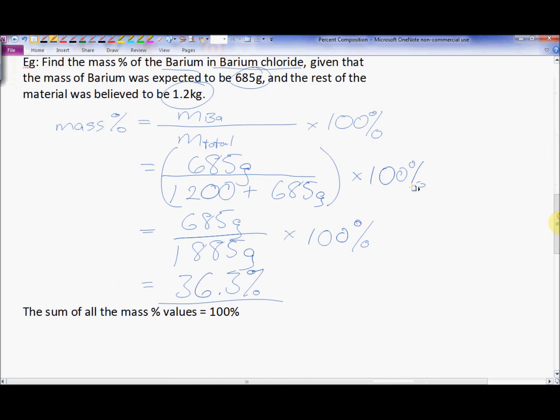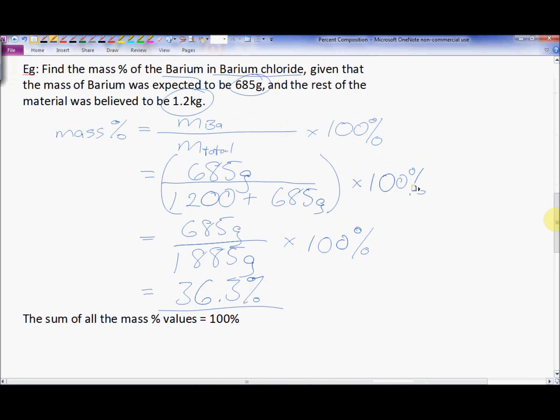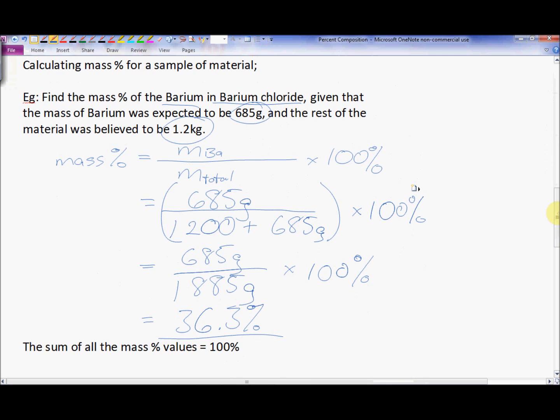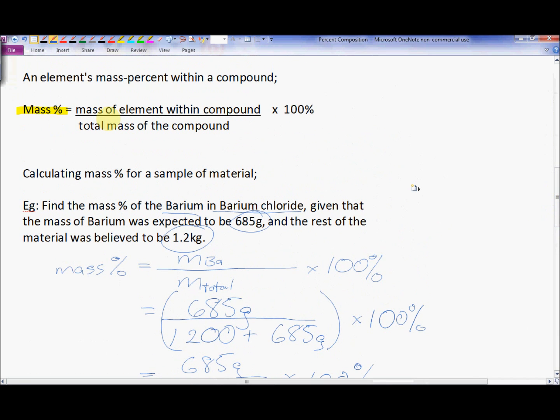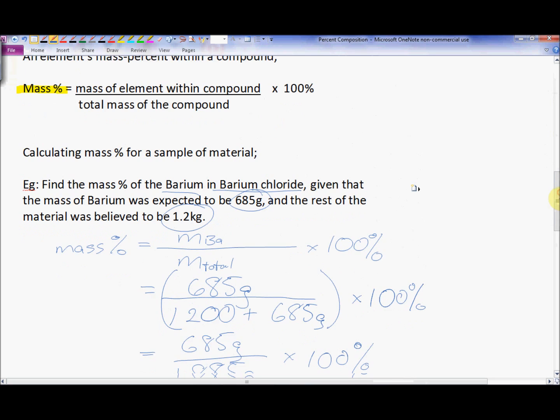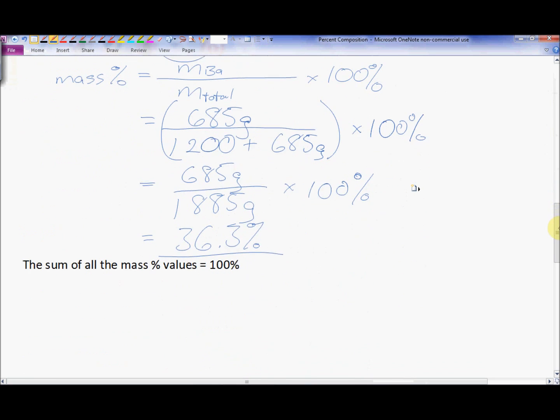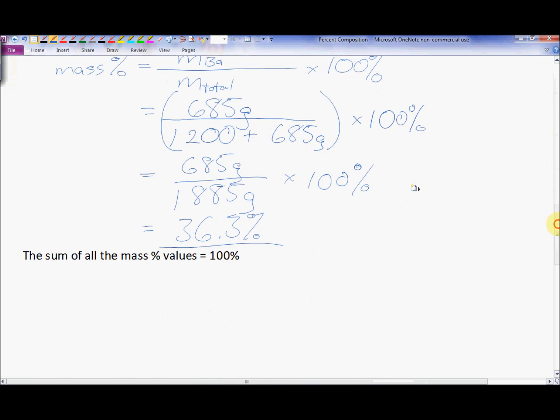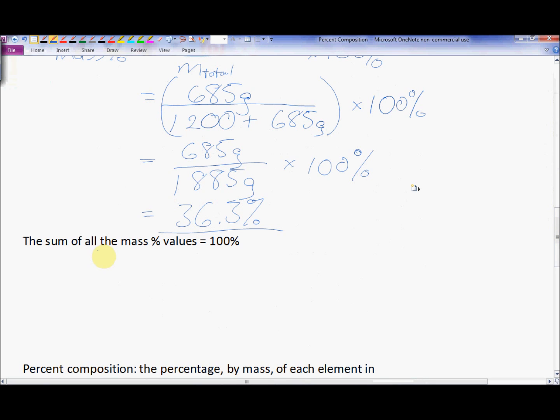So the sum of all the different mass percent values for all the different elements within a compound has got to be equal to 100%, as we're showing here.